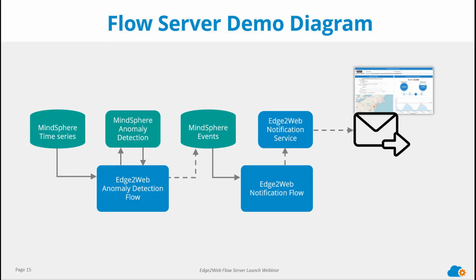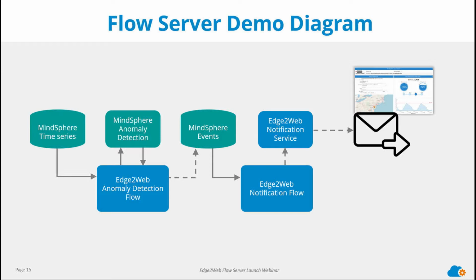A second Edge2Web flow, executing asynchronously on its own schedule, queries the MindSphere event store for new status events. When it finds one, it generates appropriate email message content and sends it to the Edge2Web email notification service.